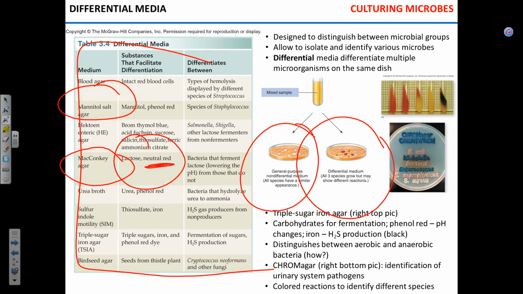Lactose, where does it come from? Do we eat it? Yeah. Since we normally eat dairy products which contain milk sugar, lactose, microbes that can digest it are considered to be normal components of our guts.